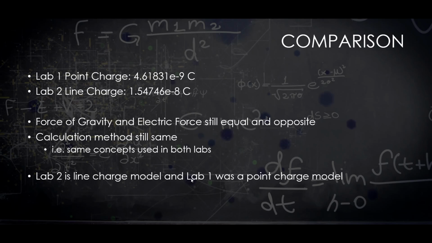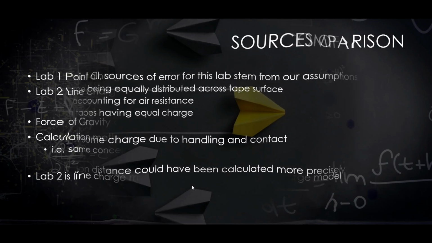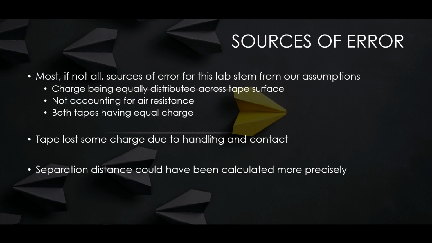Moving on to our sources of error, most of them stem from our assumptions. The assumptions being that charge is equally distributed on the tape surface, not accounting for air resistance, and assuming that both tapes have an equal amount of charge. Some more sources of error are from our handling of the tape, and when we were actually doing the experiment.